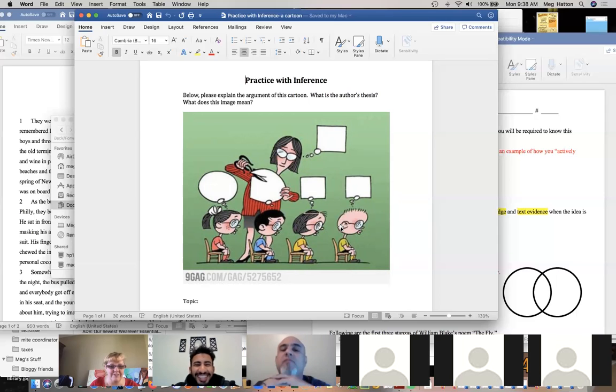Interesting. Right? In the cartoon, I see Matt teaching us how to read. Oh dear. I hope that I didn't clip your ideas away. I don't want to do that.